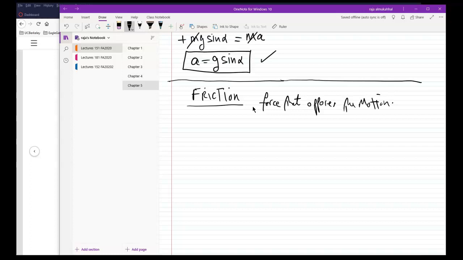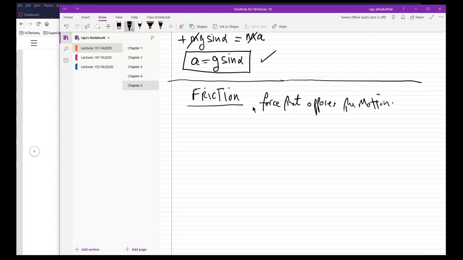Run the film in your head. If you are looking at an object in a book, you're not seeing the motion of the object, because it's just a picture. But run that picture as a film in your head and see where it is going. If it's going to the left, make it right. If it's going north, make it south, and so on. It always opposes the motion. This is the most important thing that I need you to know.